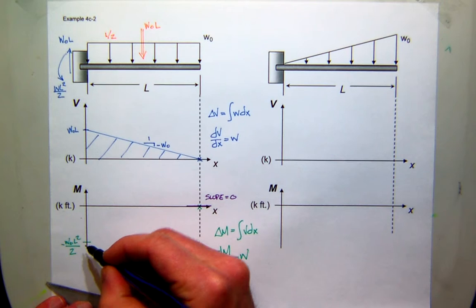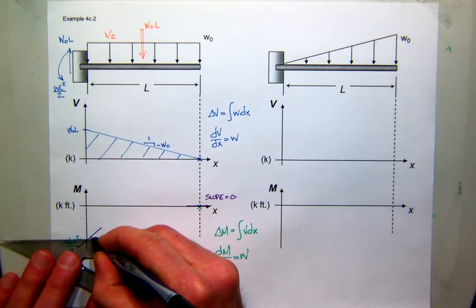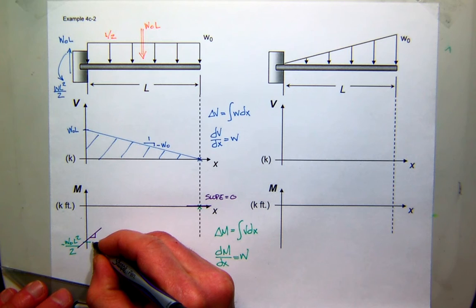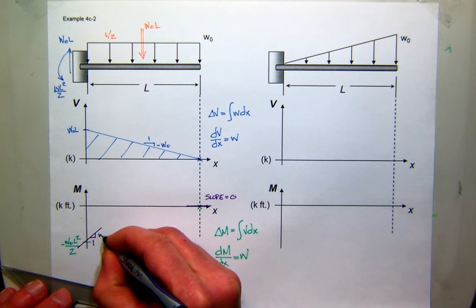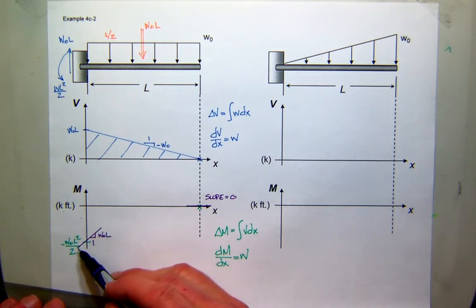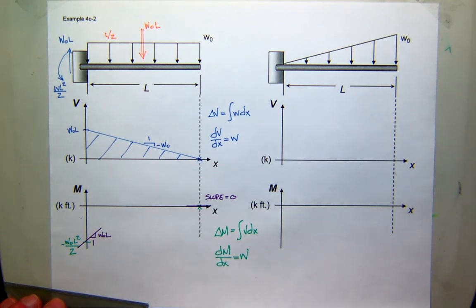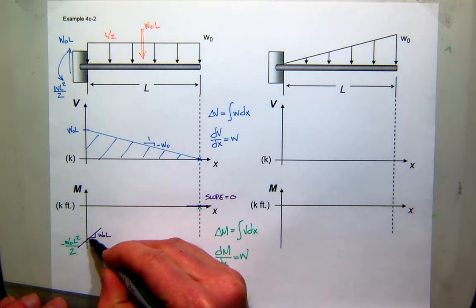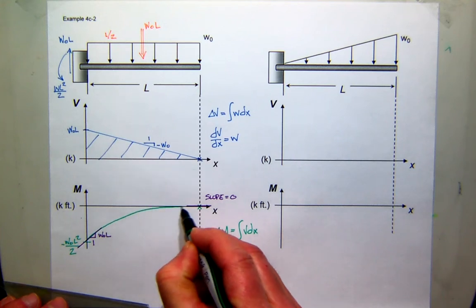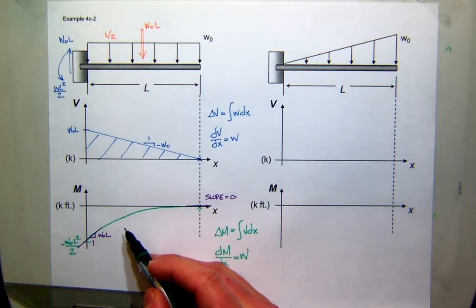What does the slope at the beginning have to be? Positive. And if I actually penciled in the slope, what would it be? W naught L. You see that? So I'm going to start at a positive slope and decrease to 0. So that's how I can pencil in the shape of my diagram. Is this diagram exactly right? No. I just sketched it in.